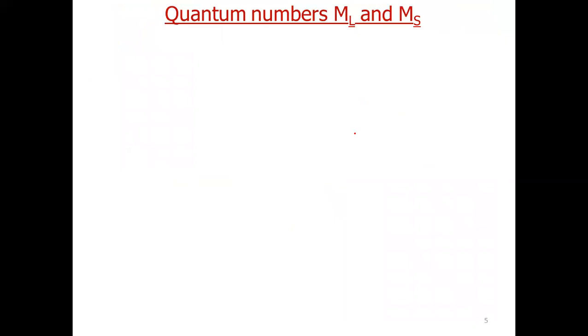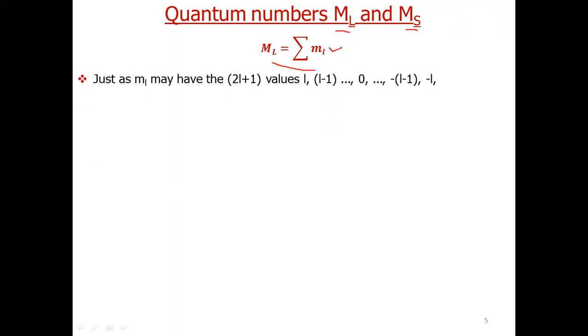But before going further, we should know about the term symbols, ML and MS, because when we find the term symbol from the electronic configuration, we calculate ML and MS. ML is calculated by summation of small ml for individual electrons.